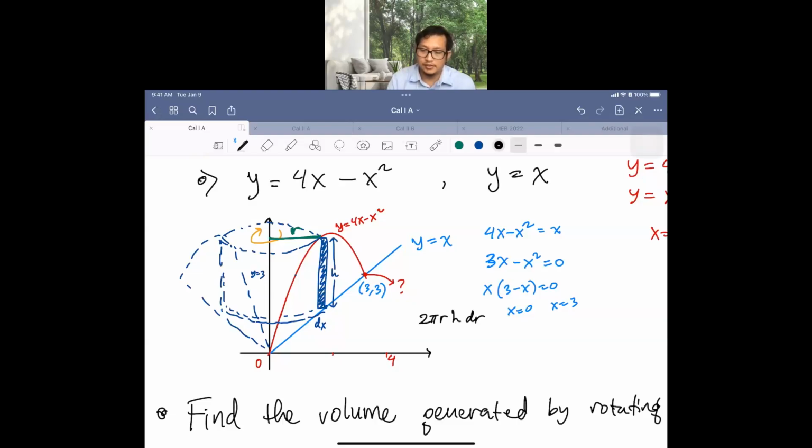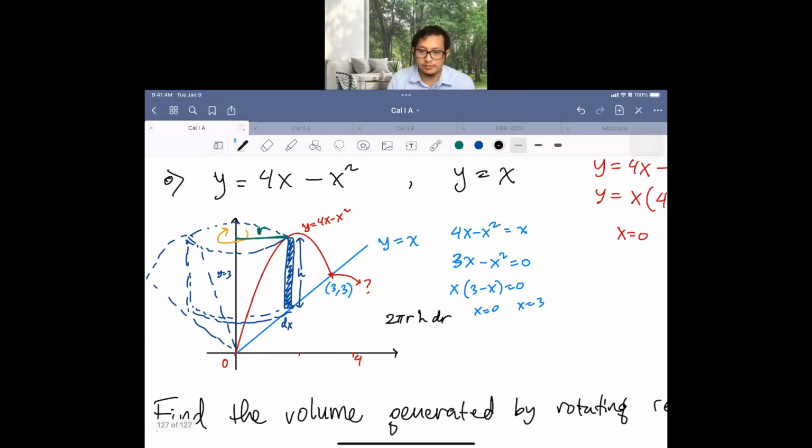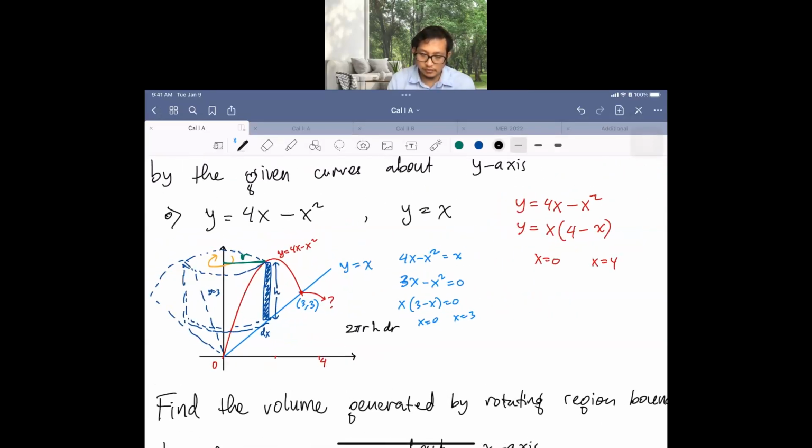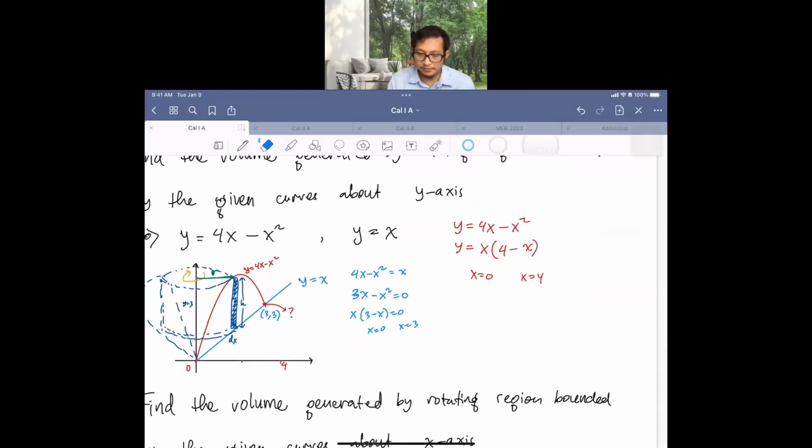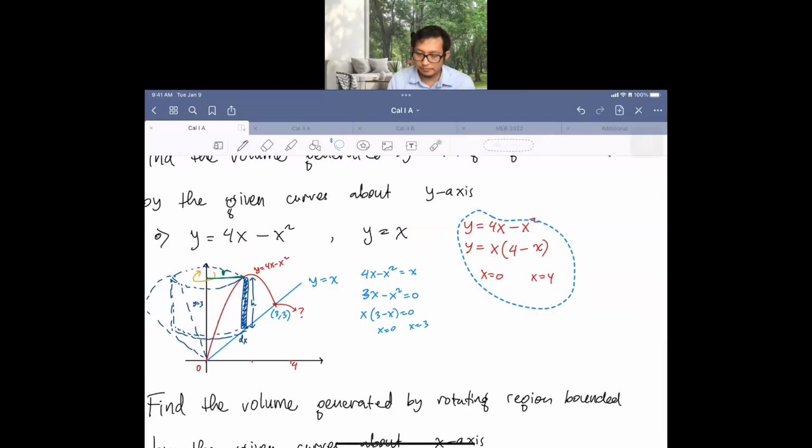Okay. So let's write down the formulation. Let me write this in a smaller size, maybe here.